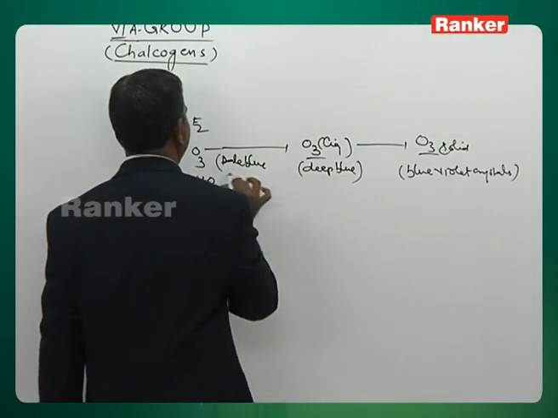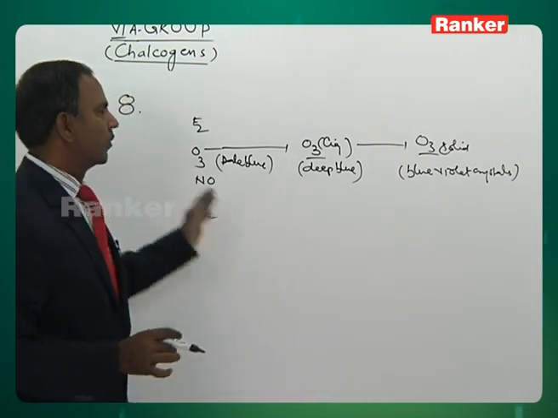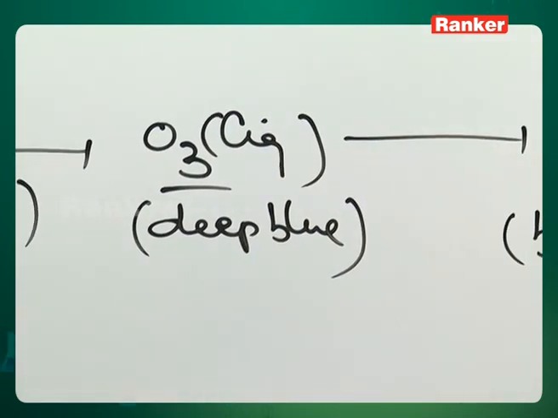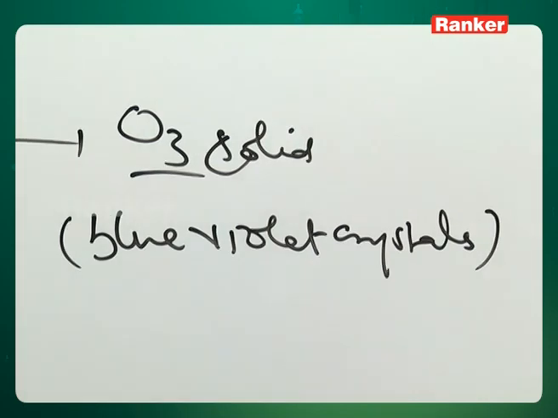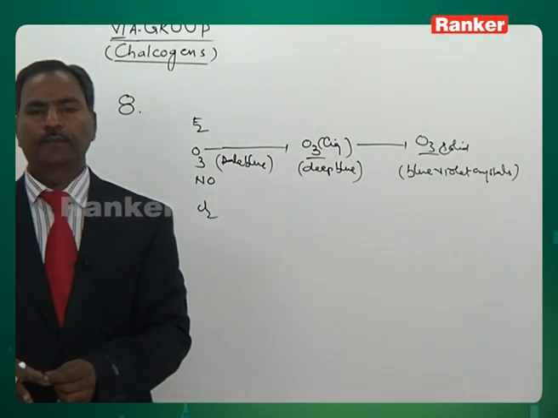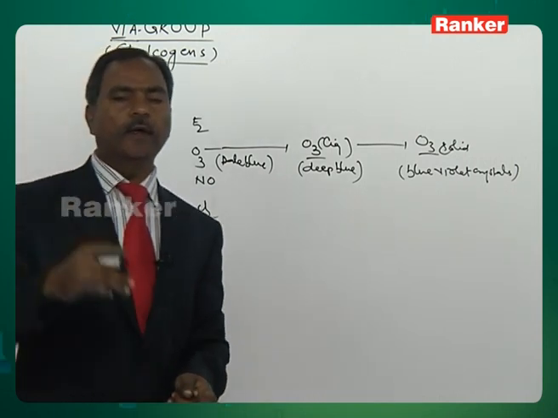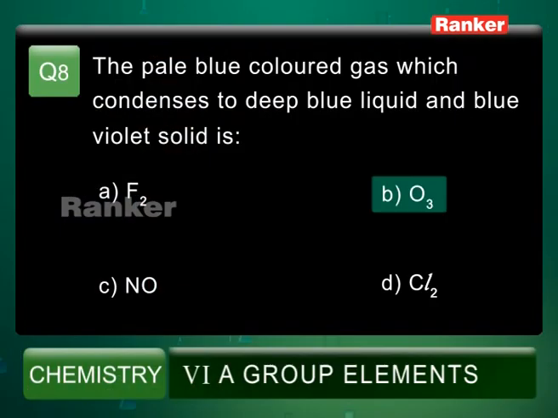So O3 in the gas state is pale blue. Whenever it turns to liquid, it becomes deep blue. If you solidify, you get blue violet crystals. So for question number 8, pale blue colored gas condensed to deep blue and again blue violet crystals, the answer here is ozone. So the 8th question answer is B.